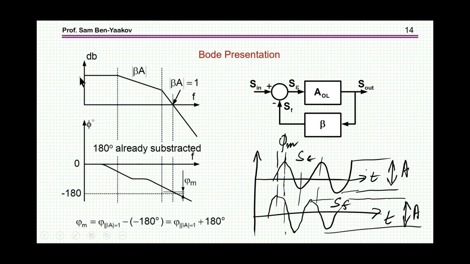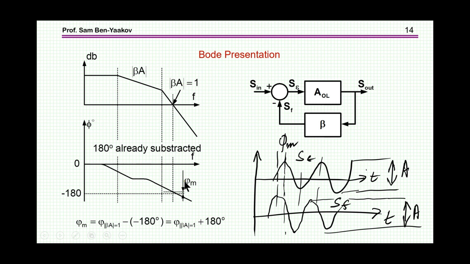If you look at the point at which the loop gain is 0 dB, a ratio of 1, and then you look at the phase, then you have to extract the difference between the actual phase at this frequency and 180, again already taking into account the original 180.